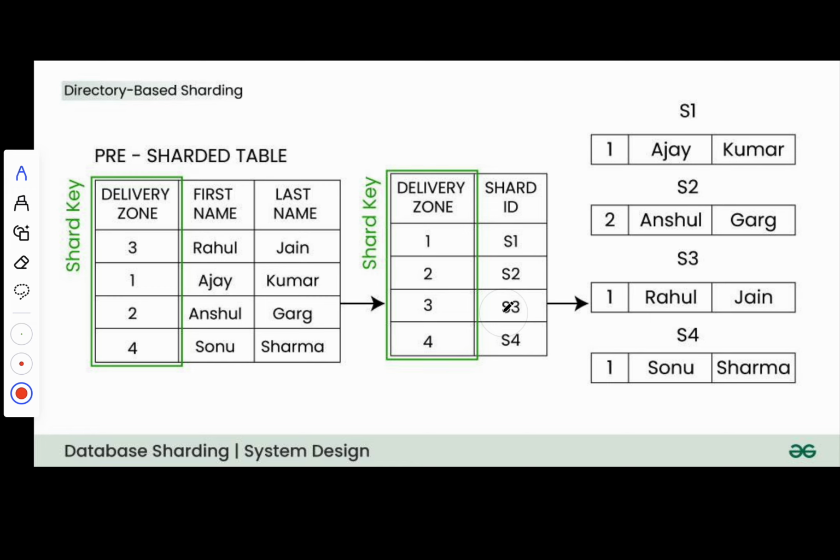Queries go straight to the correct shard using the lookup info, often improving performance if done correctly. Number three, dynamic scalability. You can add or remove shards and simply update the directory rather than repartitioning everything under a single schema. But what are the cons?